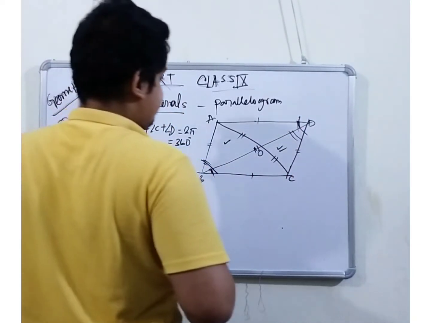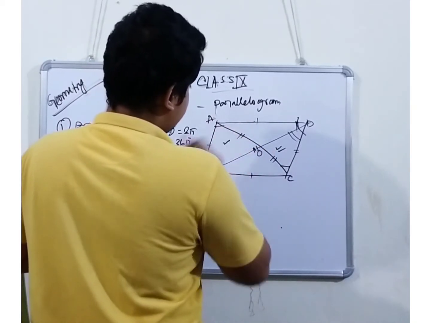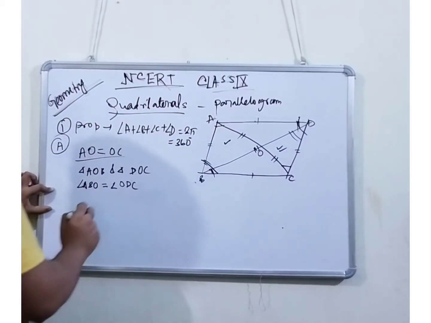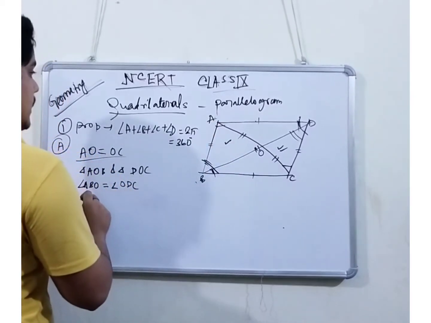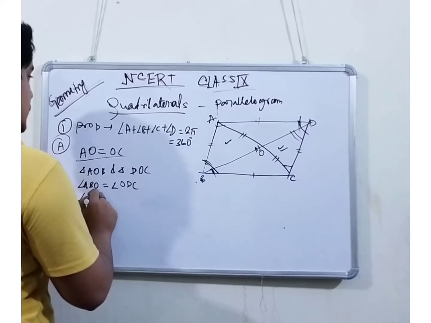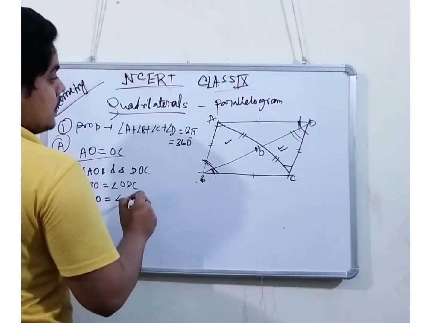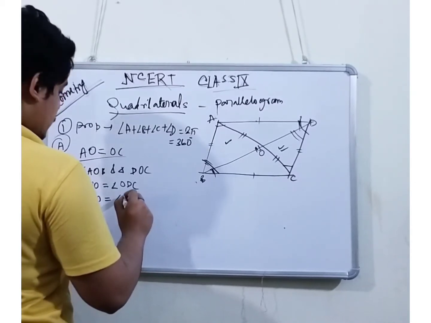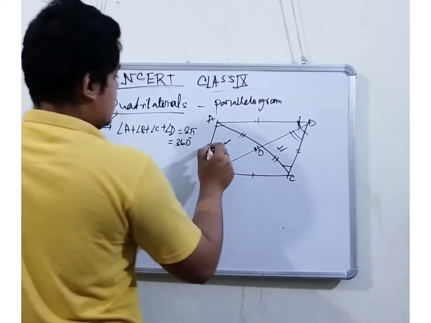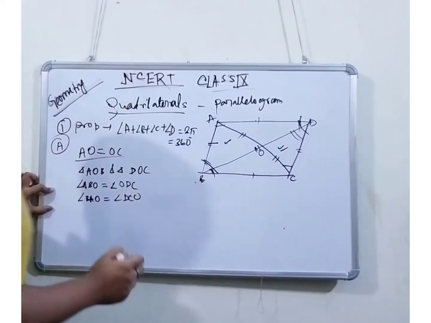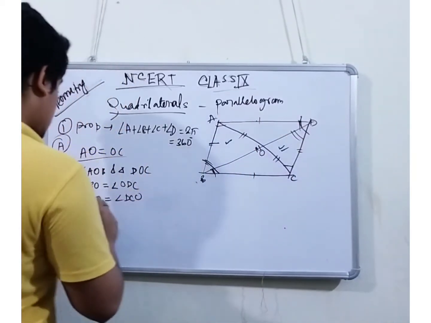Similarly, these angles will be equal as they are alternate angles. So angle BAO will be equal to angle DCO. And after that, these two sides are also equal, as it's a parallelogram, so opposite sides will be equal.